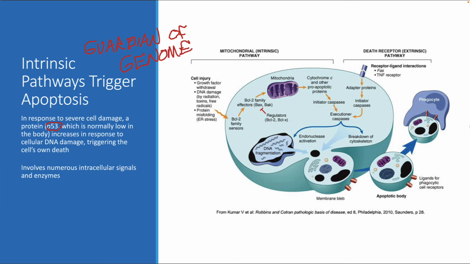This guardian of the genome knows when too many mutations have happened in the cell and the cell should undergo apoptosis. When this protein is increased because of this DNA damage, it triggers the cell's own death.